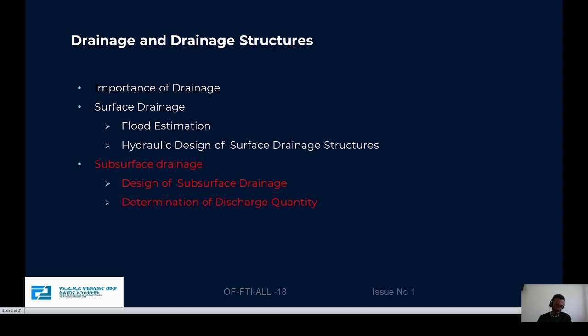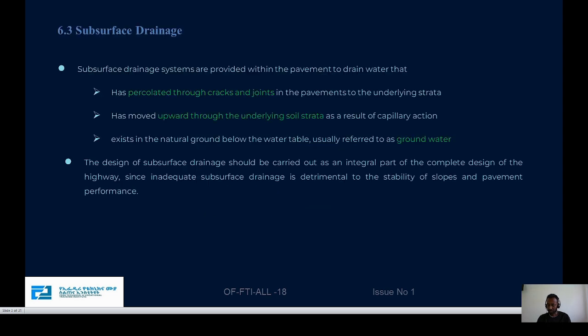The main topic is the design of subsurface drainage as well as the determination of discharge quantities, which will be discussed in this video. First we will deal with the subsurface drainage systems provided within the pavement to drain water. There are three sources. The first is water percolating through the cracks and joints in the pavement, mostly rainfall water.